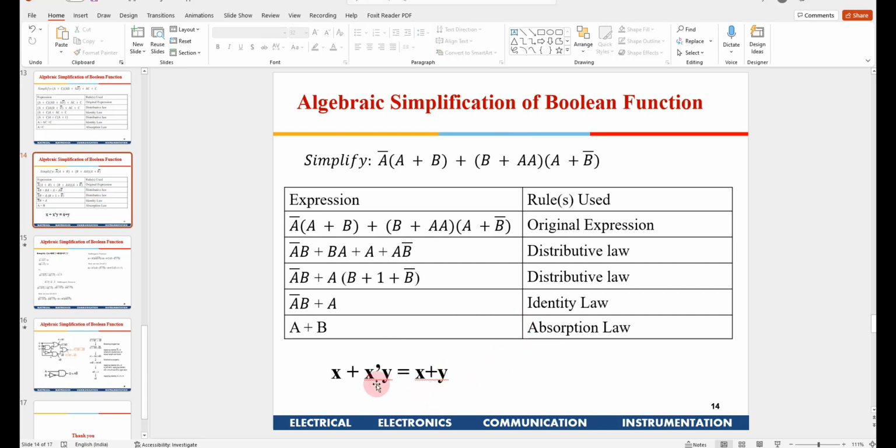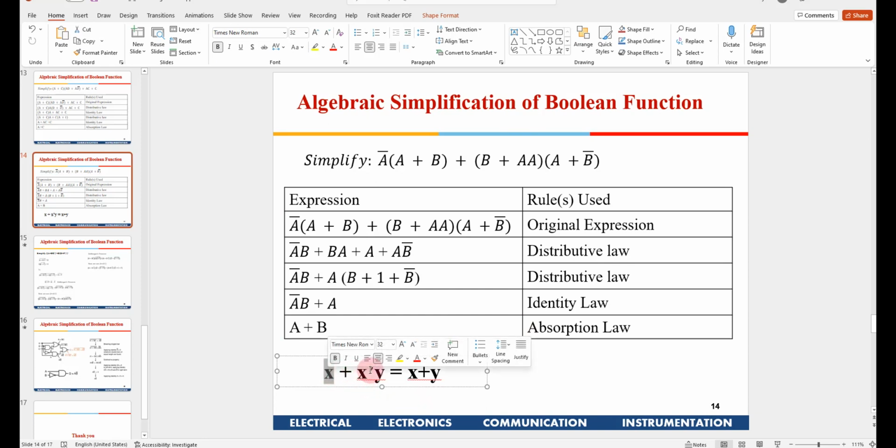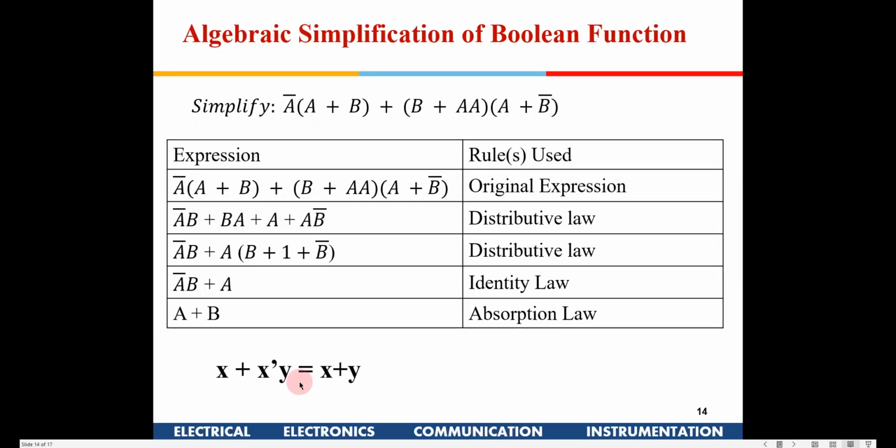If you see this expression, if x is equal to 0, x bar is going to be 1, so you will have the output as y. Or if x is equal to 1, the other term is going to be 0 and the output is going to be x. So you can write this as x plus x bar y.